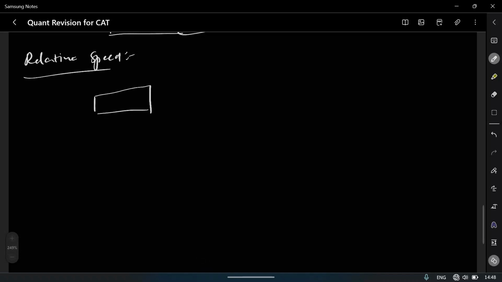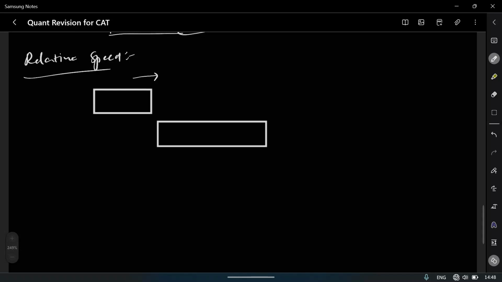There is a train A, and there is another train B. Train A travels this side, and train B travels the other side. Length of train A is LA. Length of train B is LB. Speed of train A is SA. Speed of train B is SB.